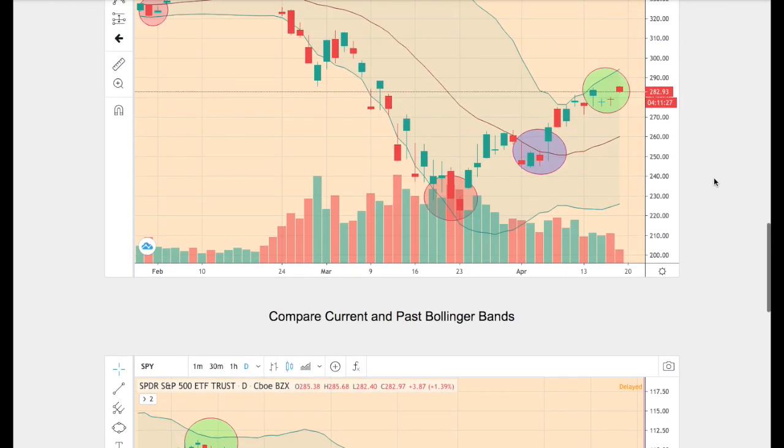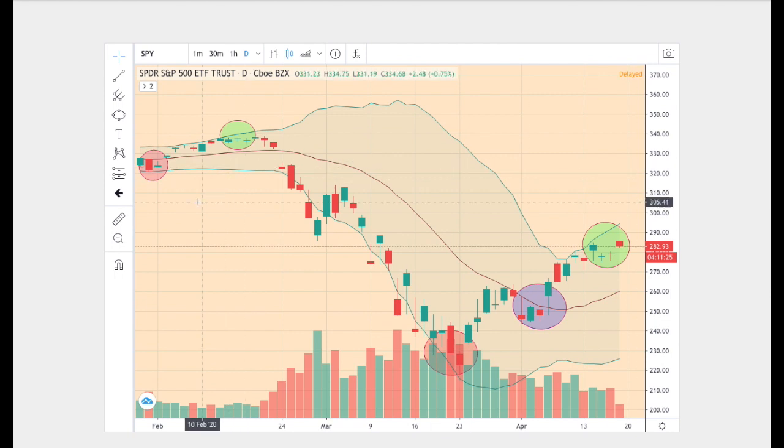So let me point out why these two charts are similar. We start off at the bottom Bollinger Band, proceed to touch the upper Bollinger Band, and then we make a very large reversal to the downside and touch the bottom Bollinger Band. We see a slight resistance at the mean reversion, or middle Bollinger Band, and we proceed to break higher to touch the upper Bollinger Band.